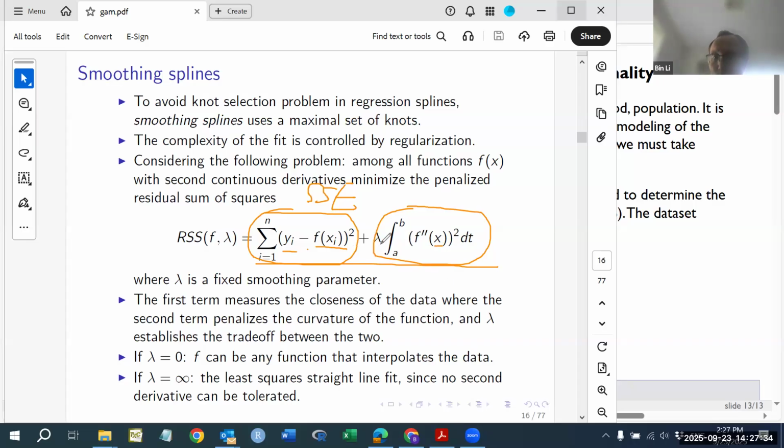Okay? And then we multiply by a tuning parameter. So tell me, if f is a linear function, then what is the second order derivative for a linear function? I think that's an easy question, right? A linear function, if you take the second order derivative, it will be exactly 0, right?